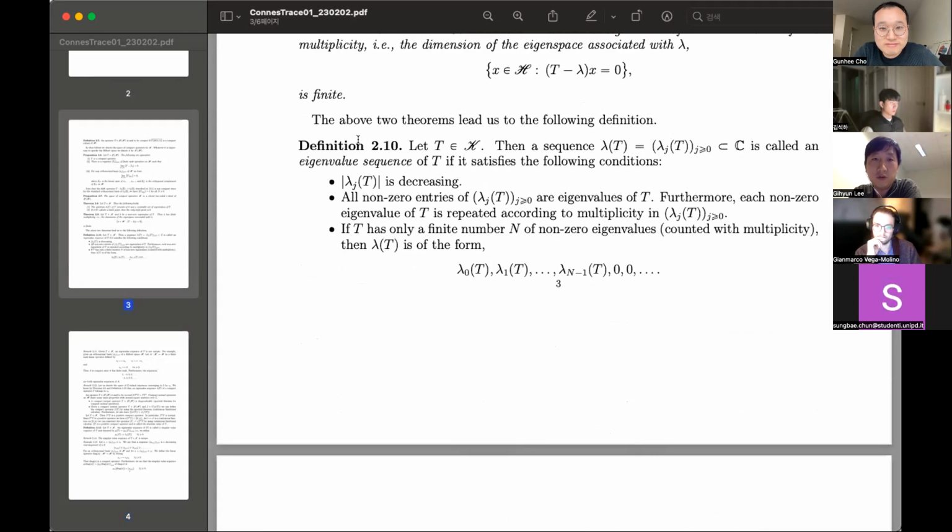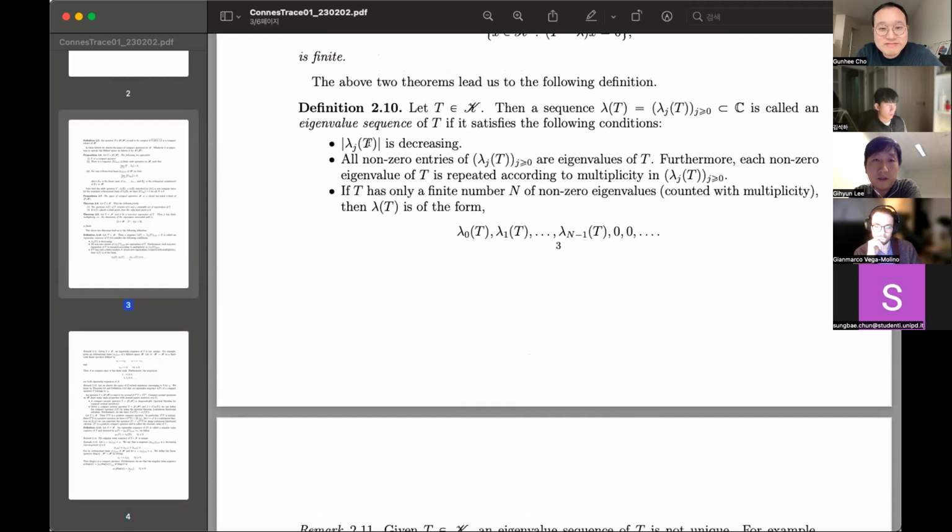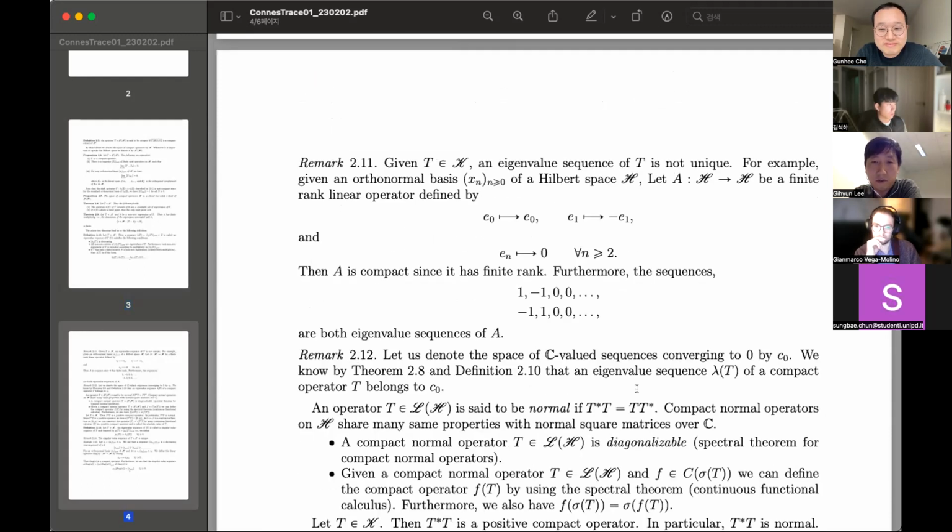So due to the very definition of the eigenvalue sequence, we can always say that the limit of this eigenvalue sequence as the index j goes to infinity is 0.